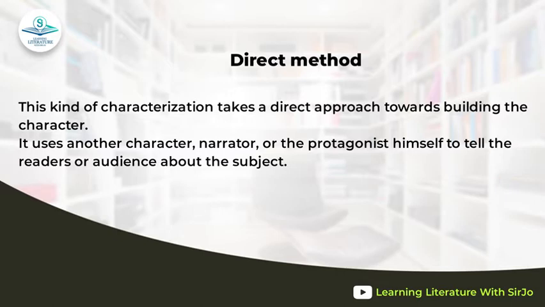So a writer can use another character, the narrator of the story, or even the protagonist himself to reveal to us who a character is. So these are ways to describe a character directly.